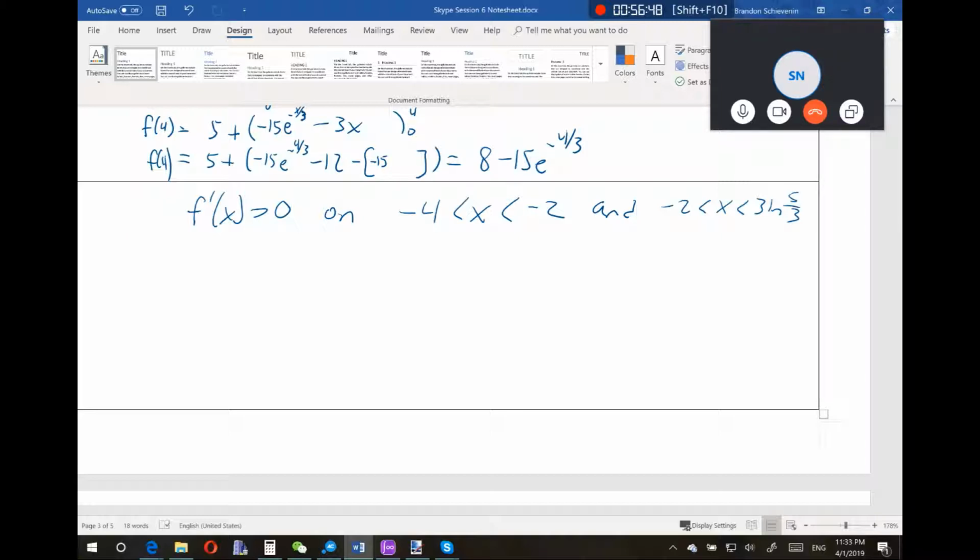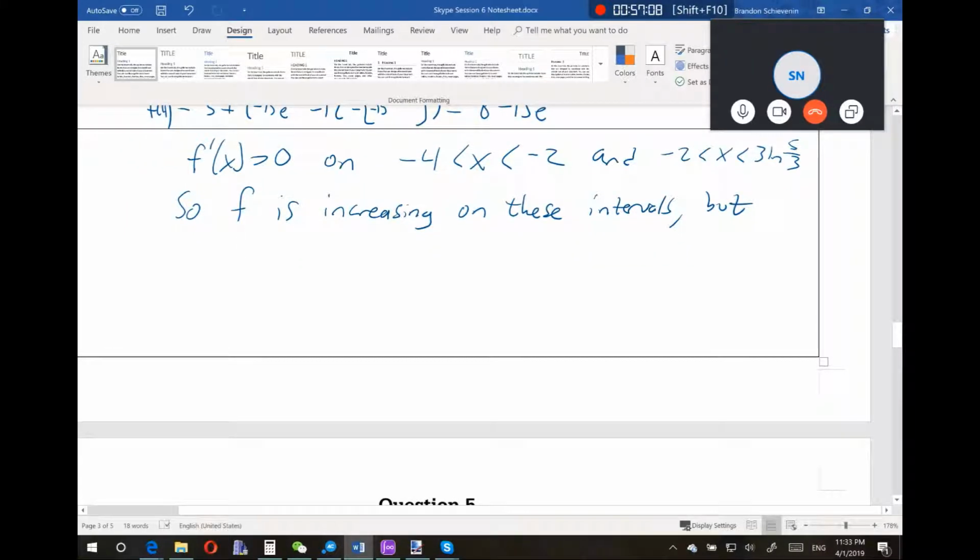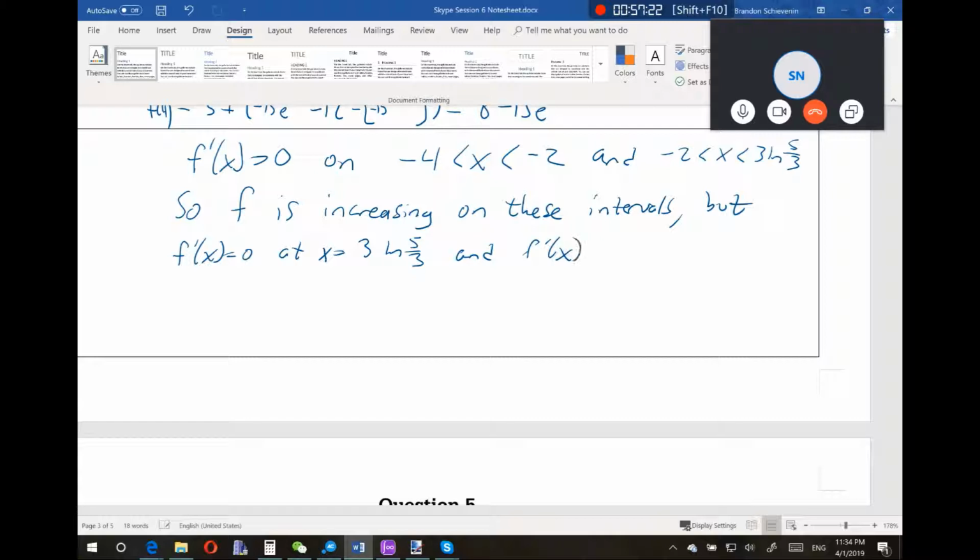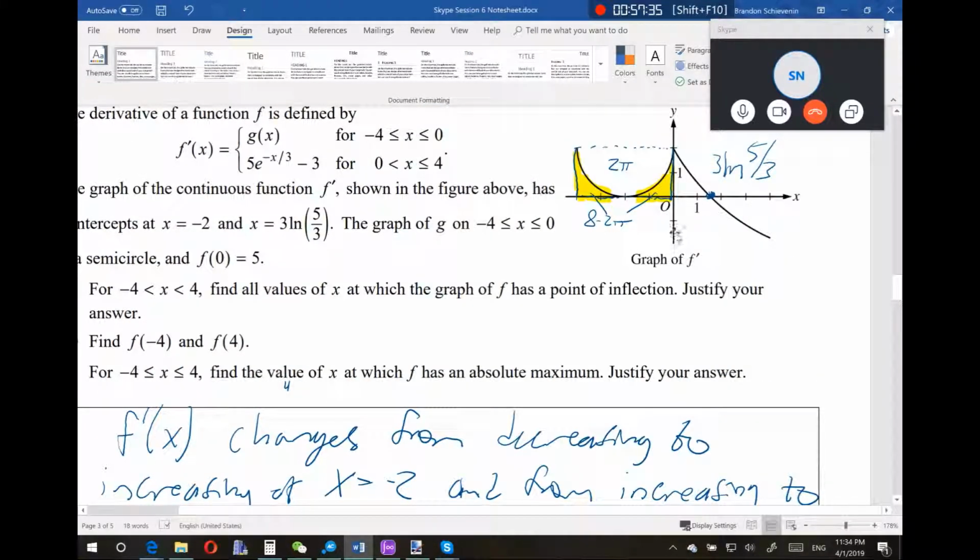So I could say f is increasing on these intervals, but f prime of x equals 0 at x equals 3 ln 5/3, and f prime of x is less than 0 on 3 ln 5/3 is less than x is less than, what was the last bound of our interval, 4.